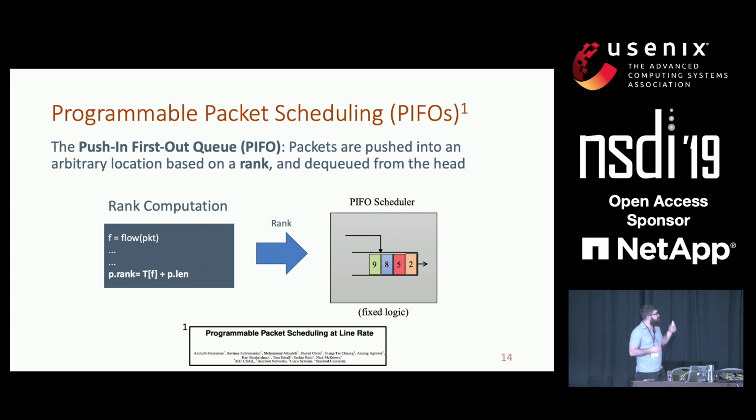So you can see here that we'll have our flow come in, we'll compute a rank, and we'll use that rank to enqueue in a queue. The important thing here is that recently, Mittal et al. showed that you can use this in a single hop within a single node, scheduling a single resource, to implement any scheduling algorithm. So what we have here is a fundamental programmable scheduling primitive.